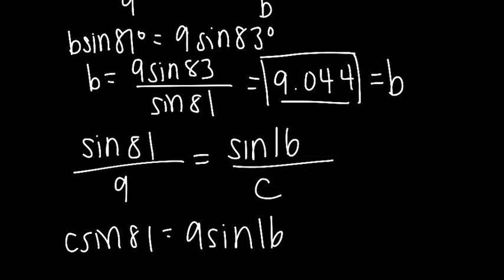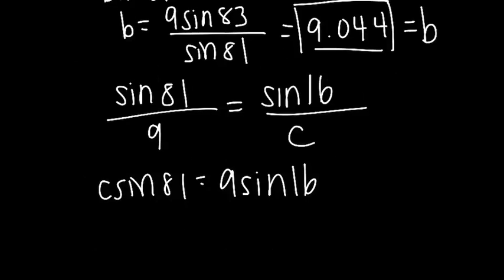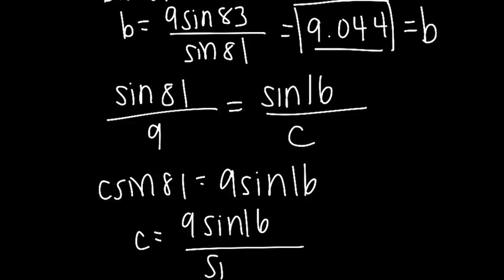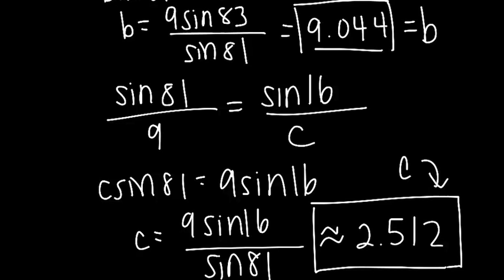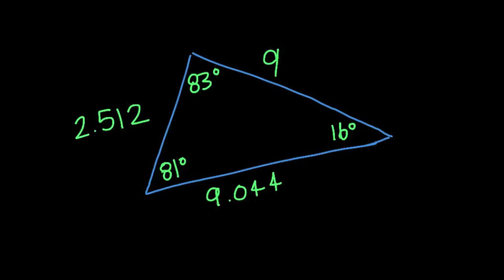Then divide both sides by sine 81. And this should give you C equals 9 sine 16 over sine 81. Plug this into your calculator and you should get about 2.512. Now that you've solved all parts of the triangle, you could plug it into the missing places.